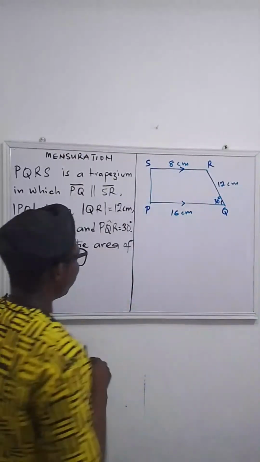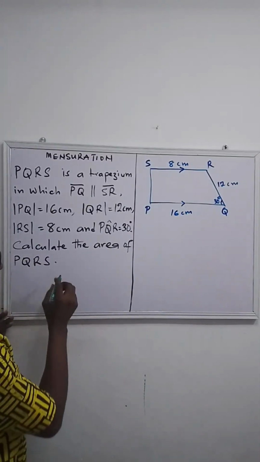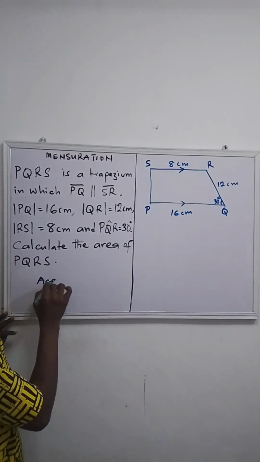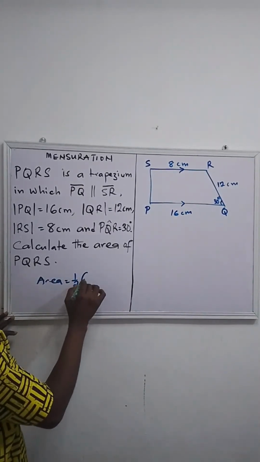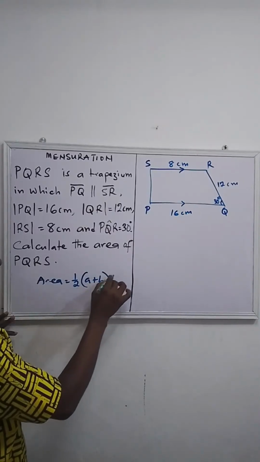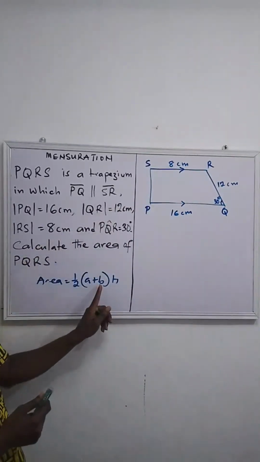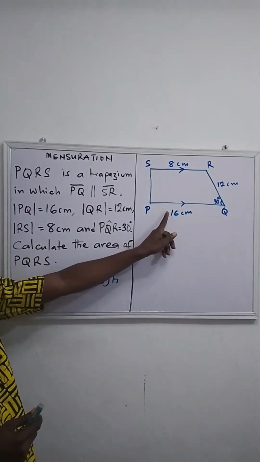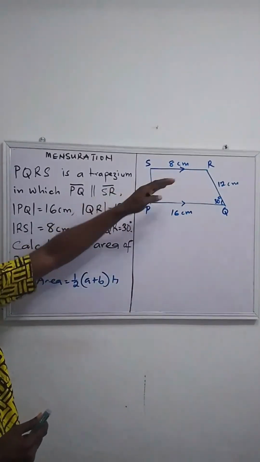Now, what is the formula for calculating the area of a trapezium? Area is half times A plus B times the height, where A is one side here and B is another side, and H is the distance between the two parallel lines.